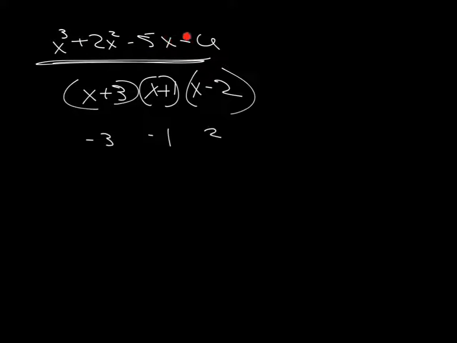It's impossible. I know where it crosses the y-axis at -6, but I don't know where it crosses the x-axis. So I have to factor it down into linear factors, so then I can find out where it crosses at those 3 points. And again, this is a cubic, so that tells me I'm going to cross at 3 points.